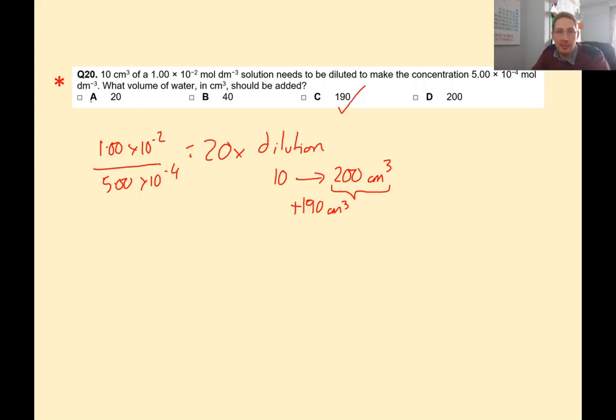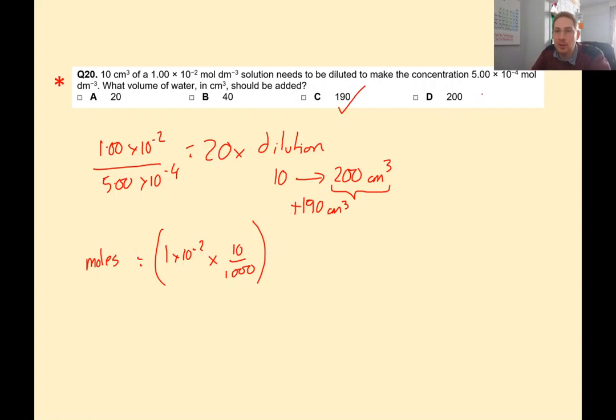If you're not quite happy with dilution factors, you could have worked out the number of moles in the original solution, which is 1 times 10 to the minus 2 times 10 over 1,000. That's the number of moles in the original solution.